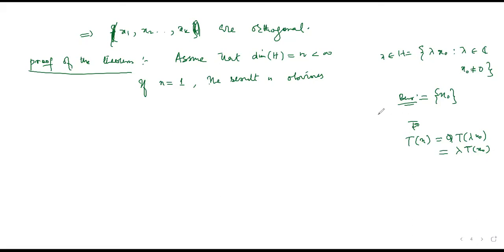So T is a map from H to H. तो T of x जो होगा वो खुद भी कोई scalar multiple of x naught होगा.